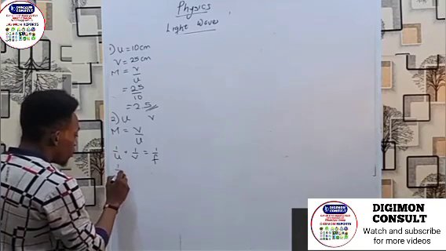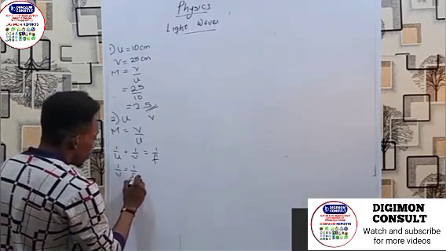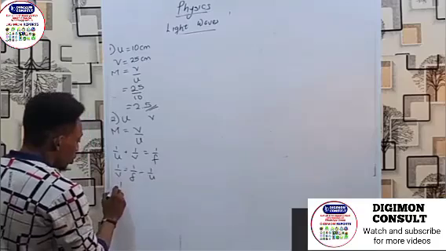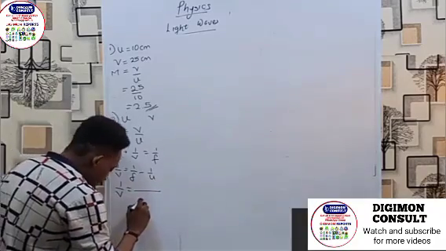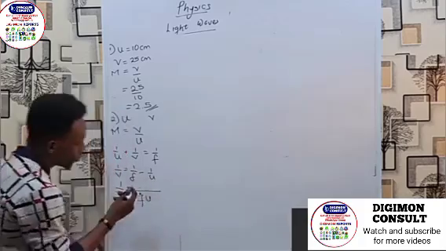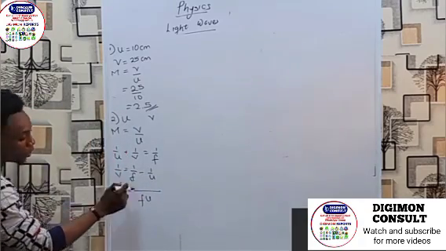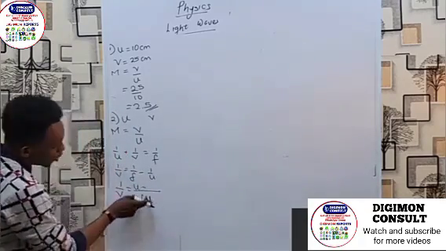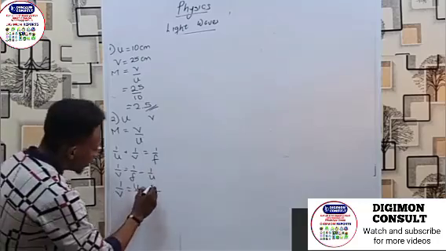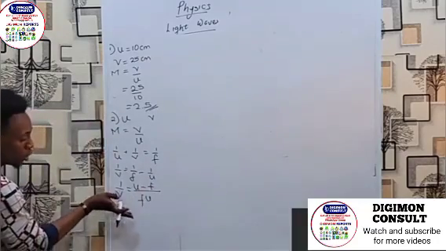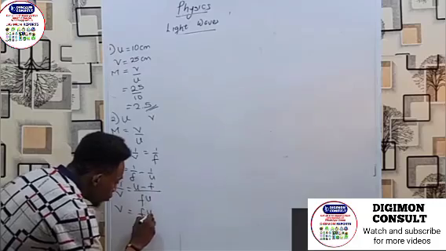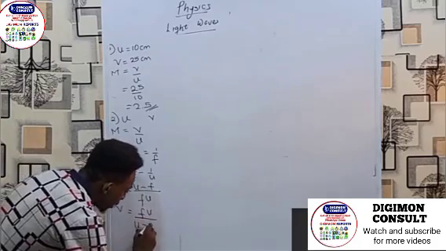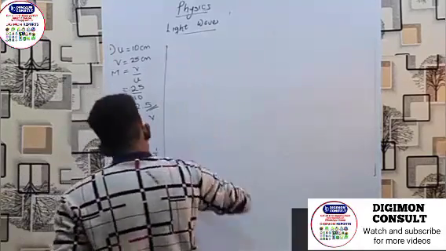That gives us 1 over V equals 1 over F minus 1 over U. So 1 over V, the LCM of F and U is FU or UF. FU divided by F is U, and FU divided by U is F. So if you turn both sides around, V equals FU over U minus F.